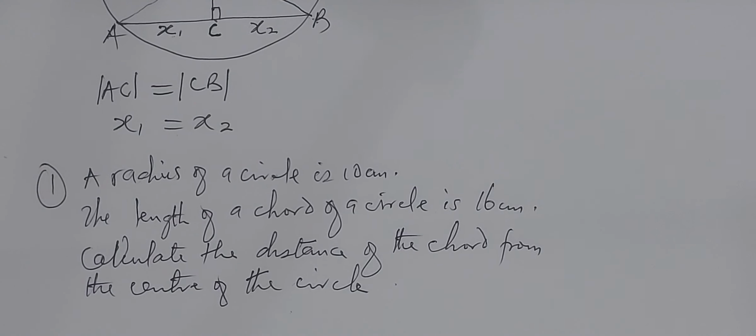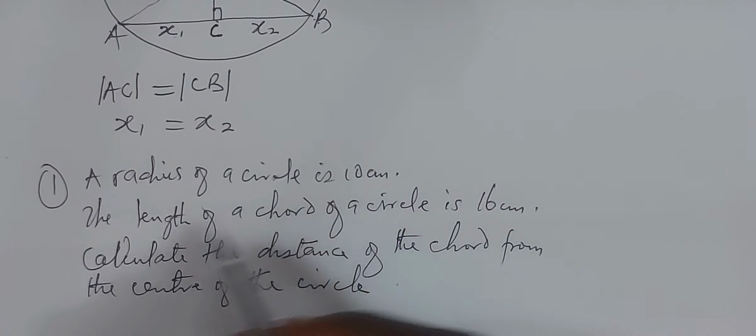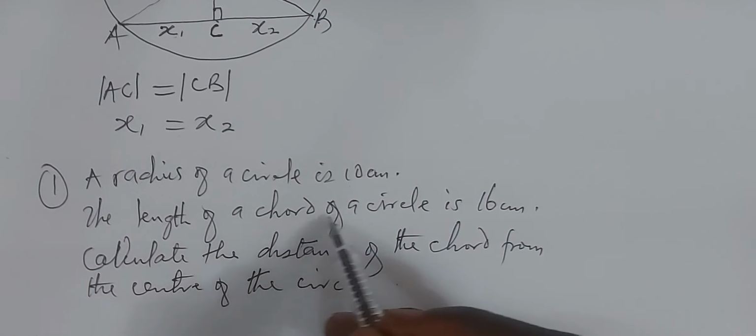The radius of a circle is 10 centimeter. The length of the chord of the circle is 16. Calculate the distance of the chord.